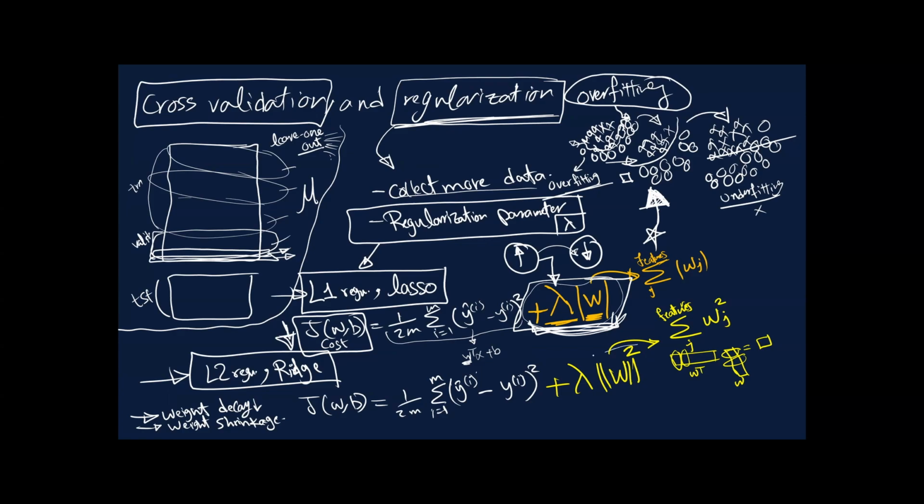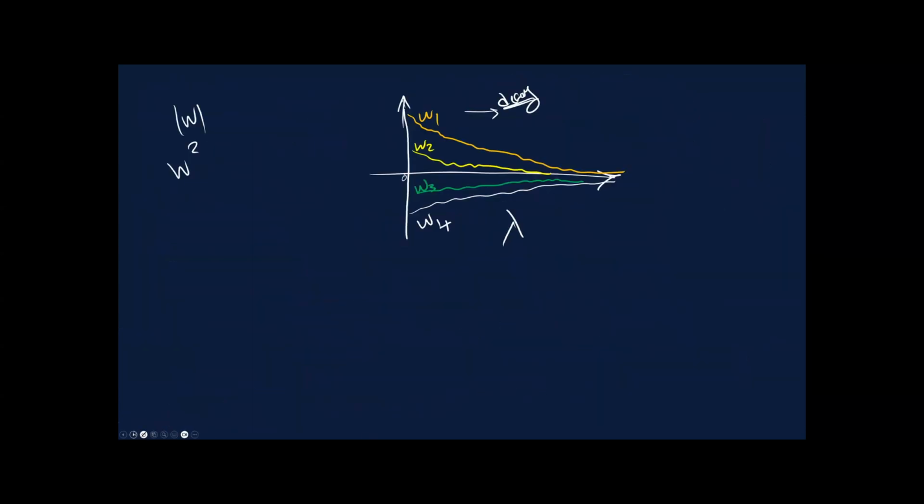L2 regularization will also shrink the weights, but they won't become almost 0. Let's see why this is the case. Let's remember the relationship between the weight and cost that we had, and say that this is W1. Instead of having this as 1D, I would like to put it as 2D directly.